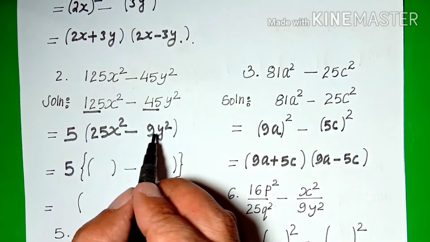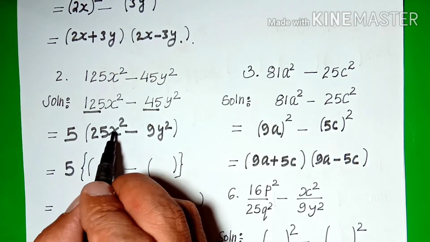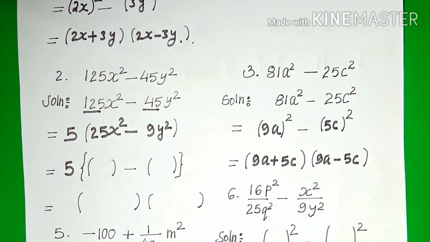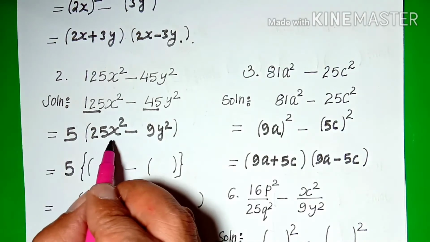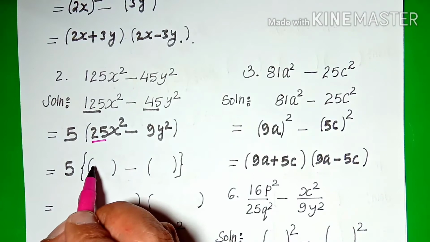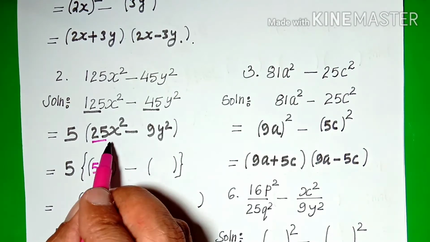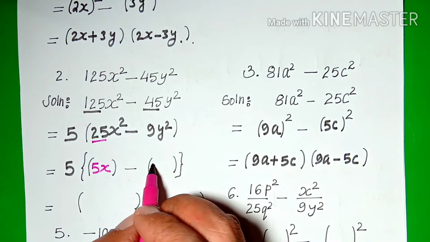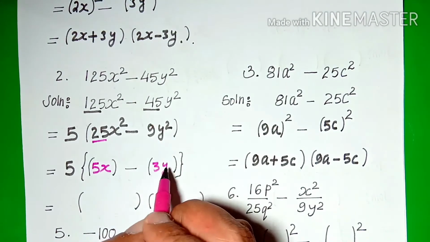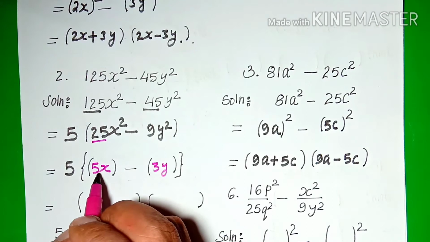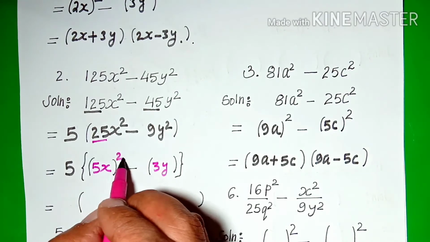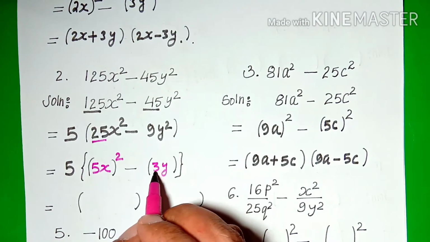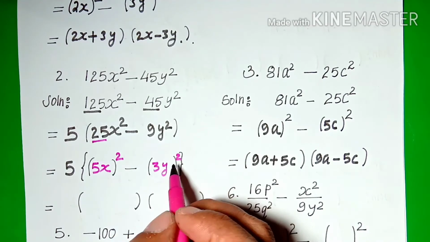Now with these two terms you'll have to make a difference of two squares. We know that 25 is a perfect square of 5, with variable x. Again 9 is a perfect square of 3, with y. So we convert this into squares: (5x)² minus (3y)².